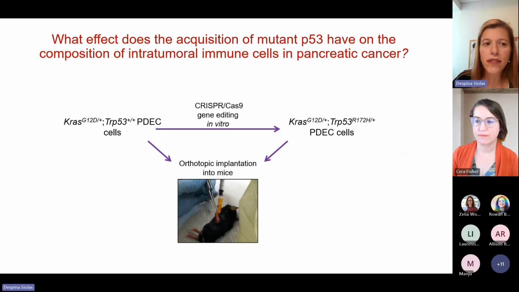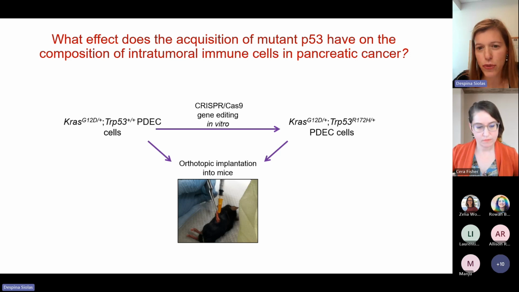So I set out to ask the question, what effect does the acquisition of gain-of-function mutant P53 have on the composition of intratumoral immune cells in pancreatic cancer? To do this, we used CRISPR-Cas gene editing to create a specific gene mutation in our KRAS mutated pancreatic cell line.